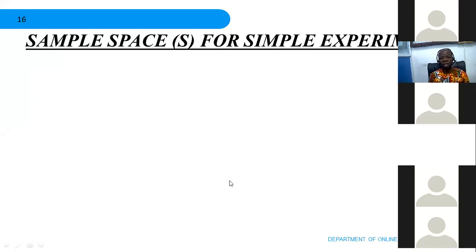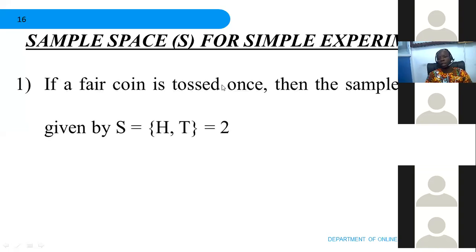Sample space is for simple experiments. I want to see how we can write a sample space for a given simple statement or simple experiment. Let's see. 1. So we take 1. We want to write a sample space.